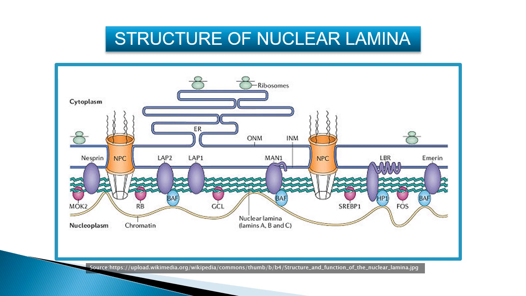Barrier to autointegration factor BAF is a chromatin associated protein that also binds to the nuclear lamina and several of the aforementioned nuclear envelope proteins. Heterochromatin protein 1 HP1 binds both chromatin and LBR on the ONM, that is outer nuclear membrane.